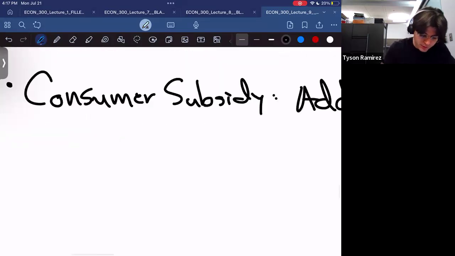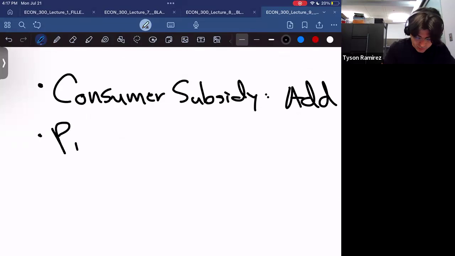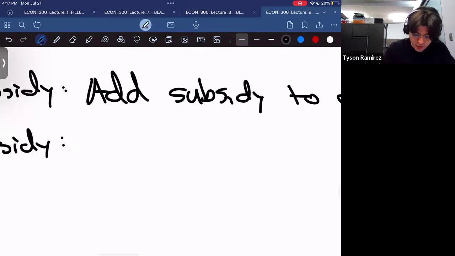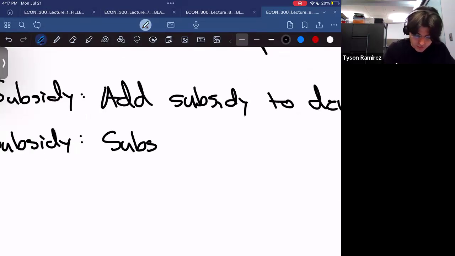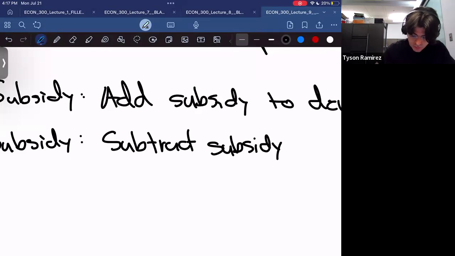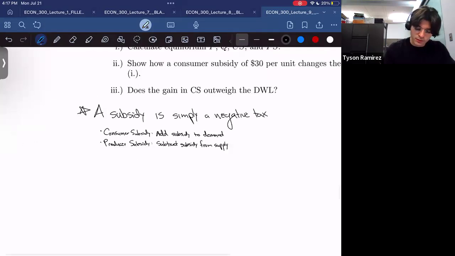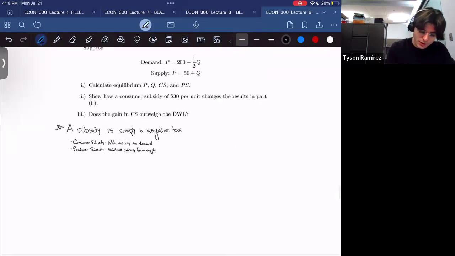Whereas for a producer subsidy, you want to subtract the subsidy from supply. All right. So with this in mind, now we know how to handle subsidies.